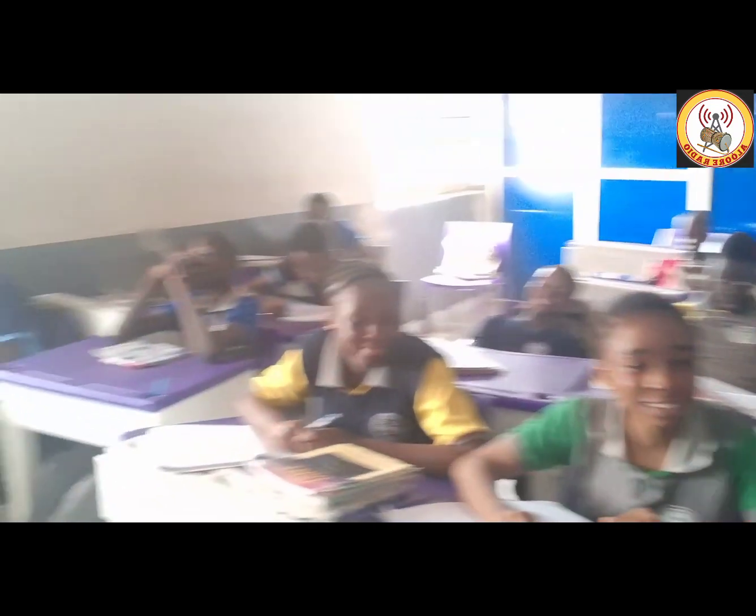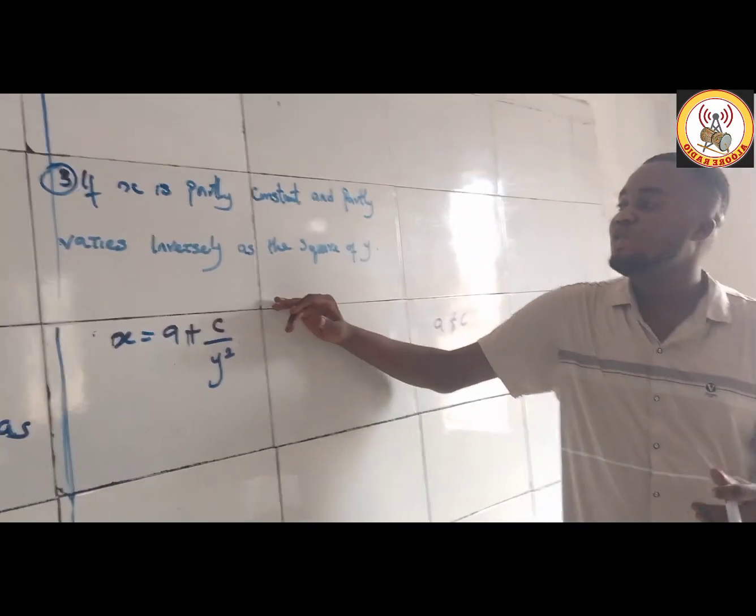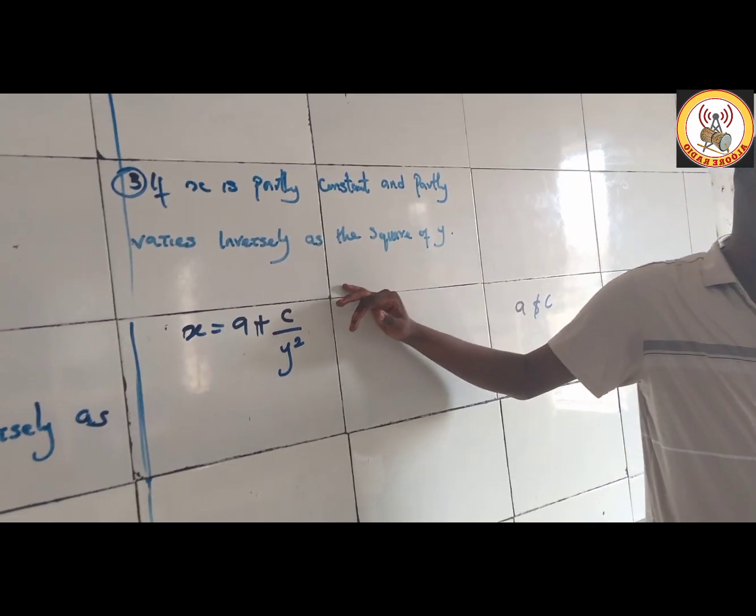So let's continue. As I was saying, our X is partly constant. What does that mean?